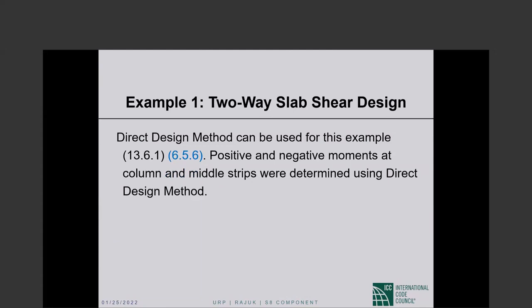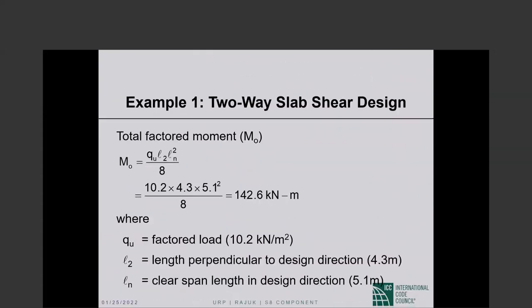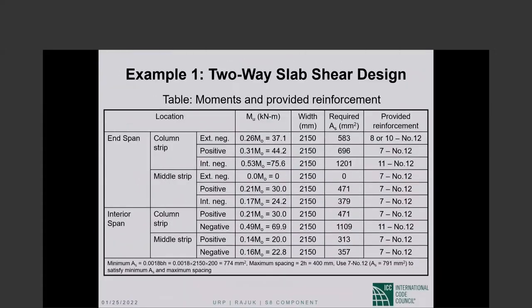Okay. So direct design method can be used for this example. We checked that yesterday. Positive and negative moments at column and middle strips were determined using direct design method. The static moment, the free span moment, wL squared by 8, came to 142.6 kilonewton meters. None of this is new, so there is no point in spending time. And starting from that, we ended up with this table that is in your yesterday's handout.